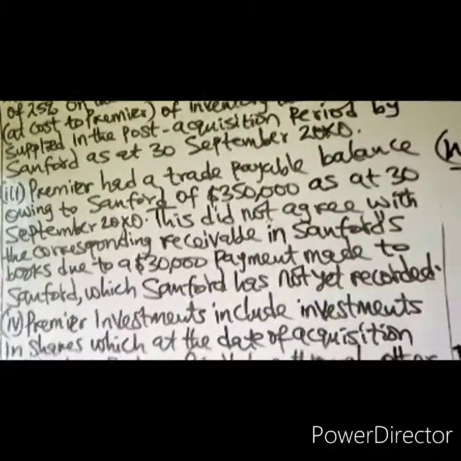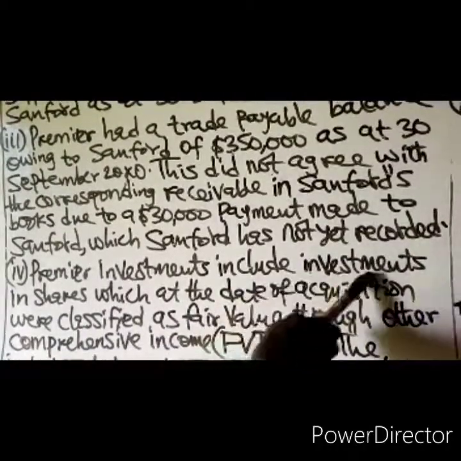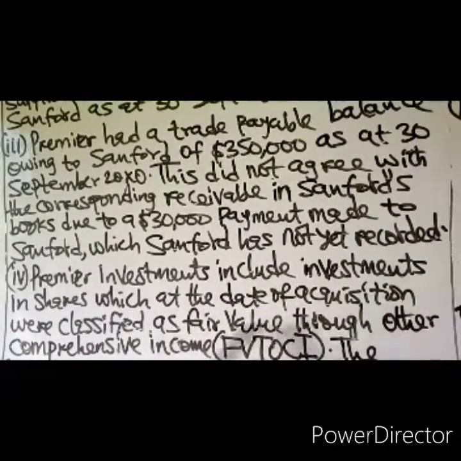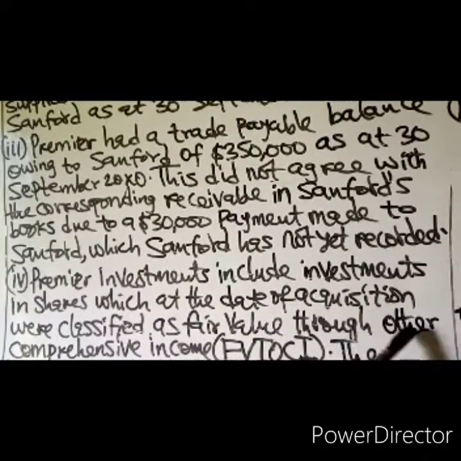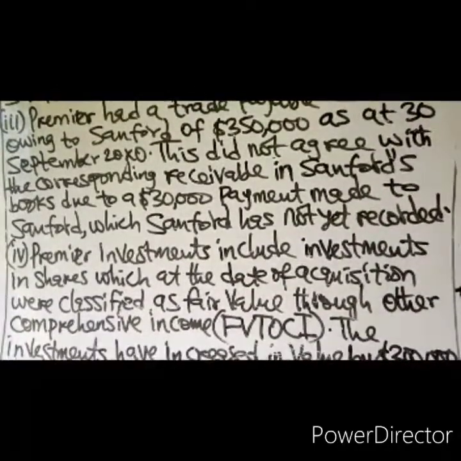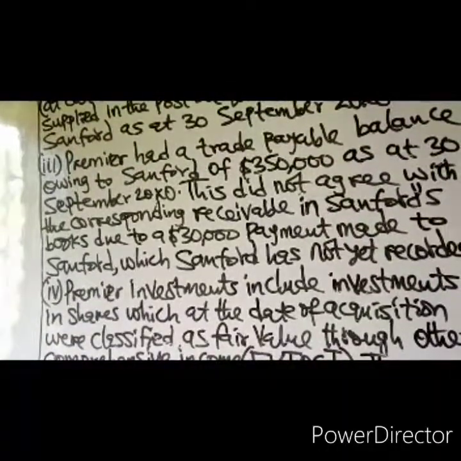Note 4. Premier investments include investments in shares which at the date of acquisition were classified as fair value through other comprehensive income. You were told that this one should be classified as fair value through other comprehensive income. So we have not reached the other comprehensive income.